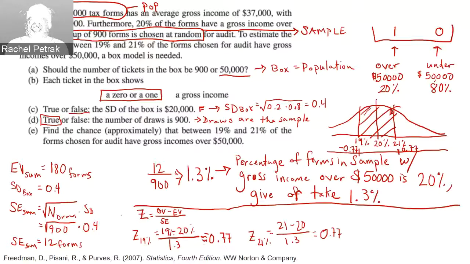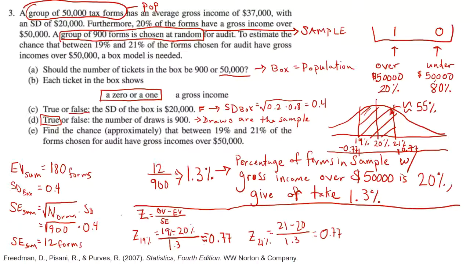You can look it up exactly in your z table, but that's a rough approximation. So the chance is approximately 55%.